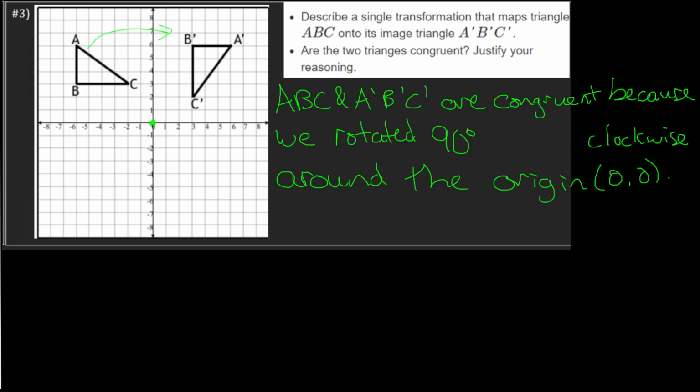Notice how the points are flipped. So we had -6, +3, and now we have +3, +6. So we went from x, y to the opposite of y and opposite of x. So they switched around and they switched signs.